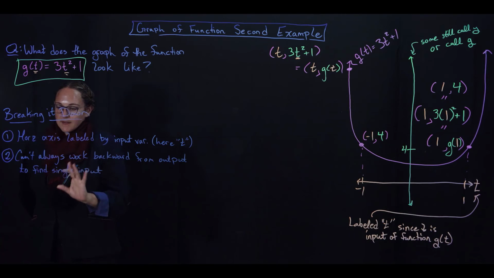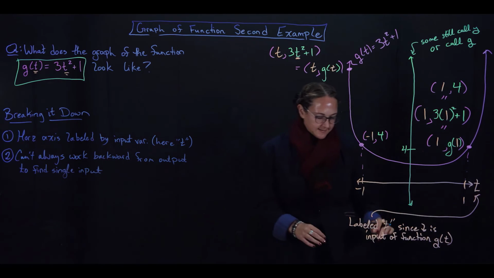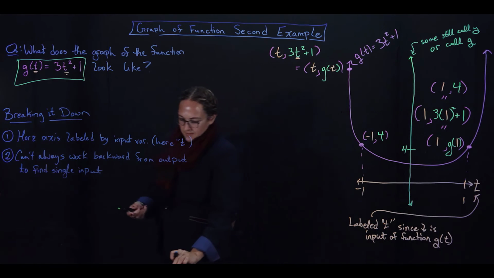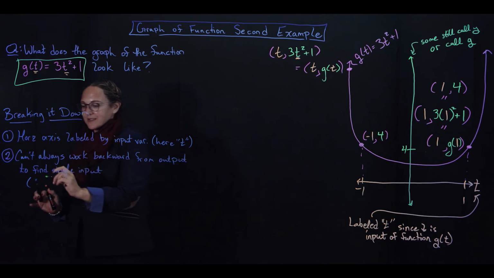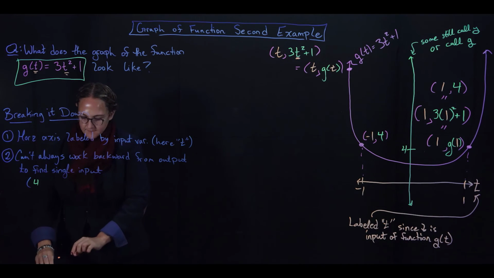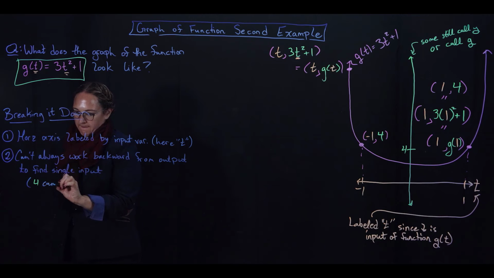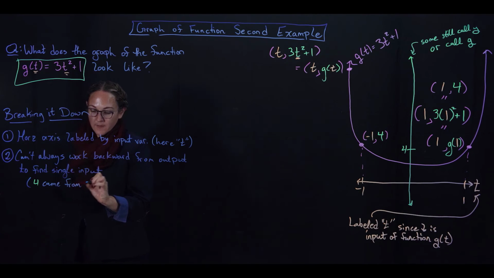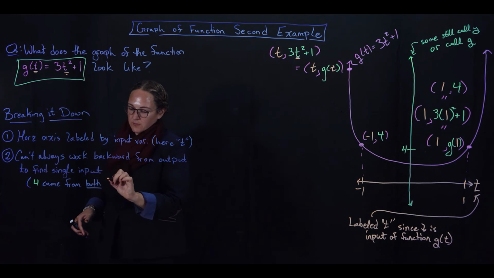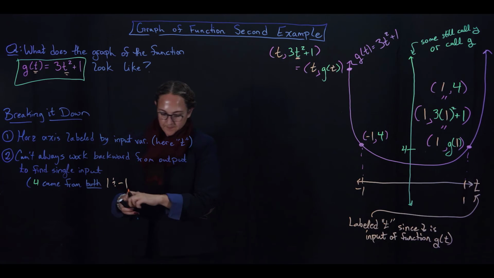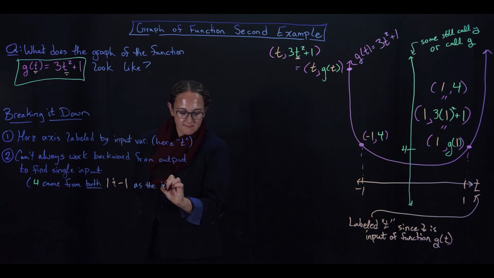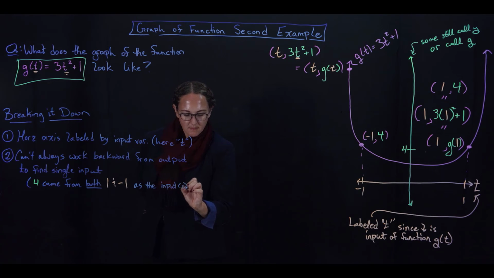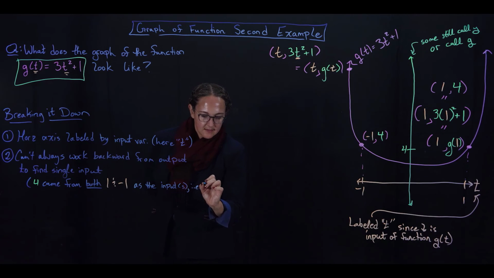To emphasize how this manifests itself here, this value 4 came from both 1 and minus 1 as the inputs, i.e. the t-values.